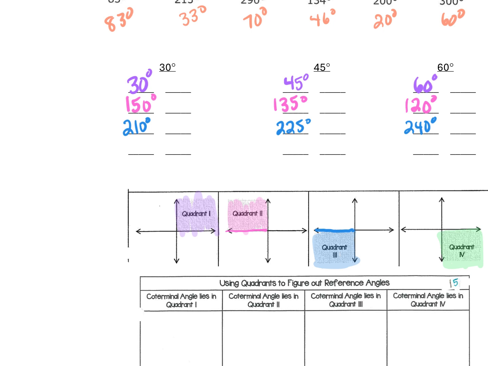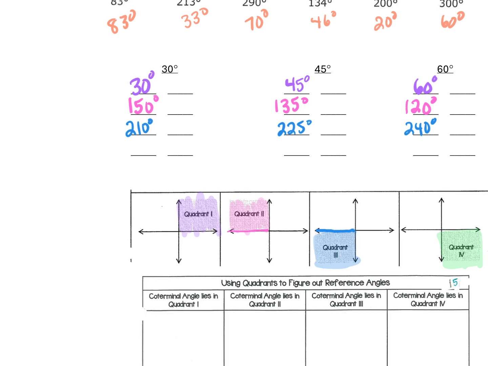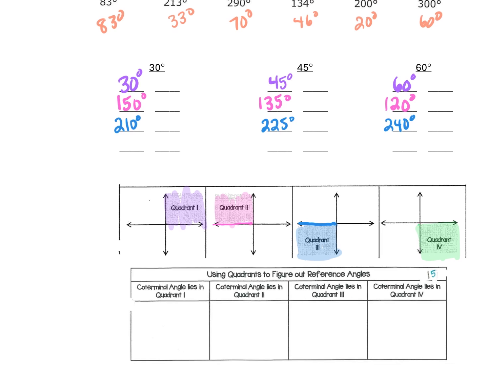And then the last set for quadrant 4, if we're at 360 and we subtract 30, we're at 330. If we're at 360 and we subtract 45, we're at 315. And 360 minus 60, we get 300 degrees. Okay? So that's to help you think about that.